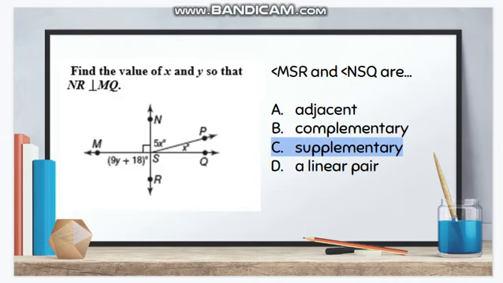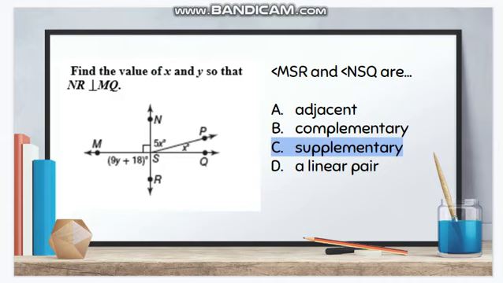They share a vertex but not a side. They are not complementary because they are both 90 degrees. Complementary means that they add together to make 90 degrees, so they can't be that. They're not a linear pair because, again, they're not adjacent. You have to be adjacent to make a linear pair. But they are supplementary. Since they are both 90 degrees, they would add together to make 180 degrees.